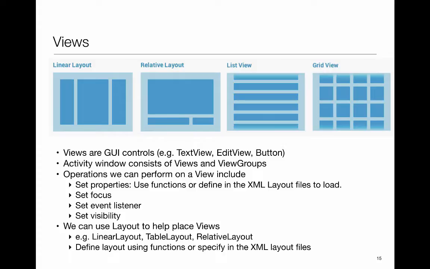I have this smaller bar here, which is to the right of the bigger bar, but to the bottom of the big block. And also there are other views like list view and grid view. These are basically some approaches for you to organize all these views in an Android UI. I guess the most popular ones you will use are linear and relative layout.